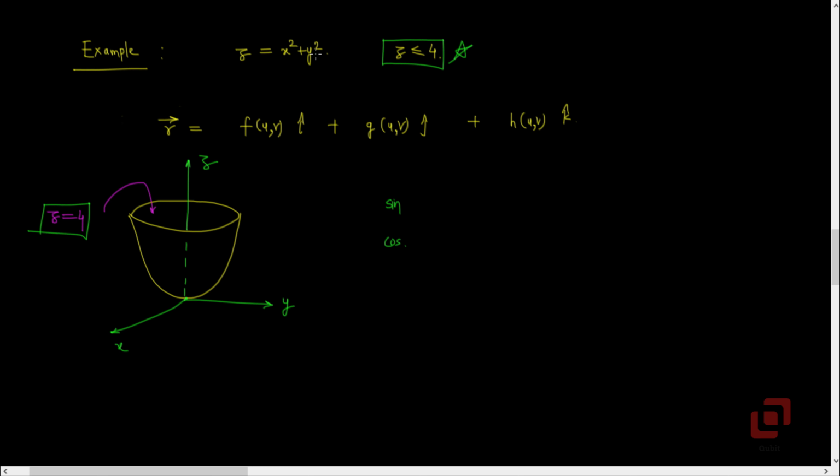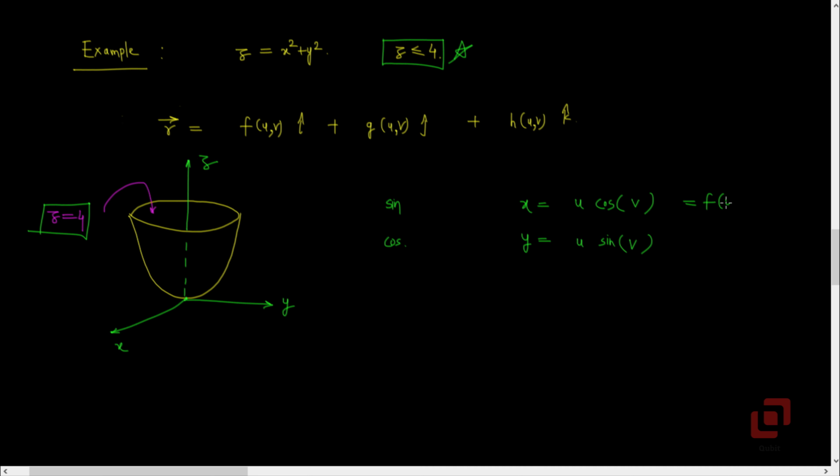But as x squared plus y squared is not a constant quantity, instead of directly substituting x as cos of some angle and y as sine of the same angle, we will also make sure that their amplitudes change. So the amplitude will now be the parameter u and the angle will now be the parameter v.